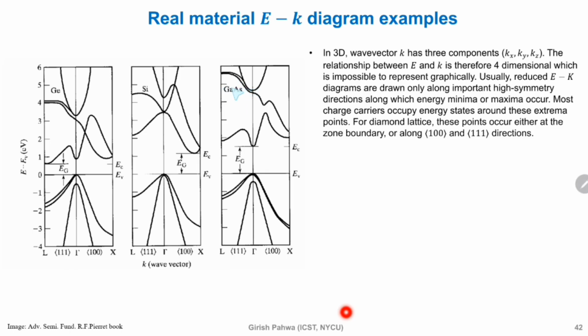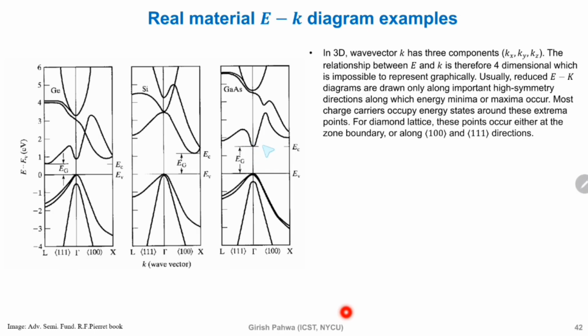For gallium arsenide, it's a special case. You have the same valence band at gamma equal to 0, but the conduction band minimum is also at gamma equal to 0. So if you have electrons in the system, you saw that they tend to occupy the states around the minimum of the conduction band edge. Similarly, holes try to occupy the states at the maximum of the valence band edge.